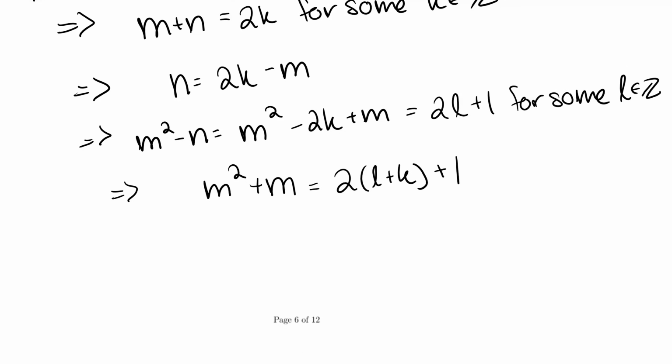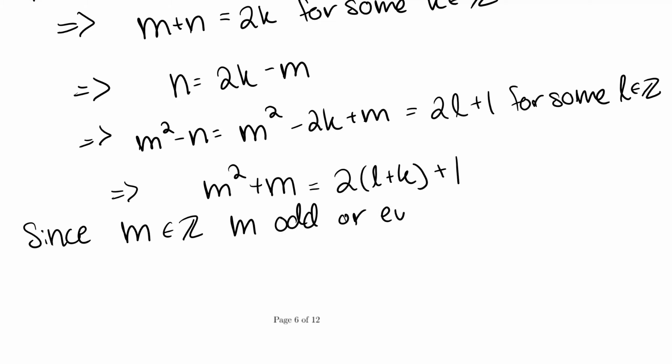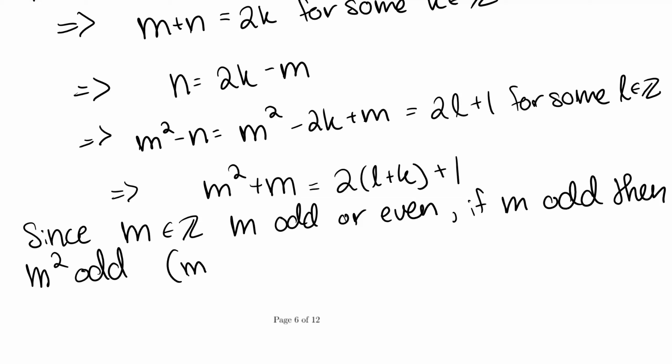But since m is an integer, m is odd or even. If m is odd, then m squared is odd. Remember this: m is odd if and only if m squared is odd, and we have the same thing for even as well.